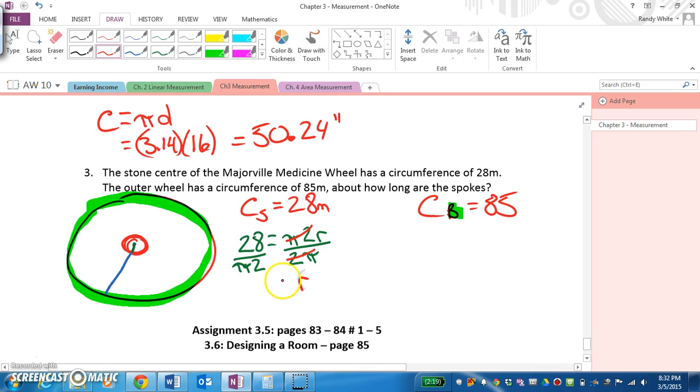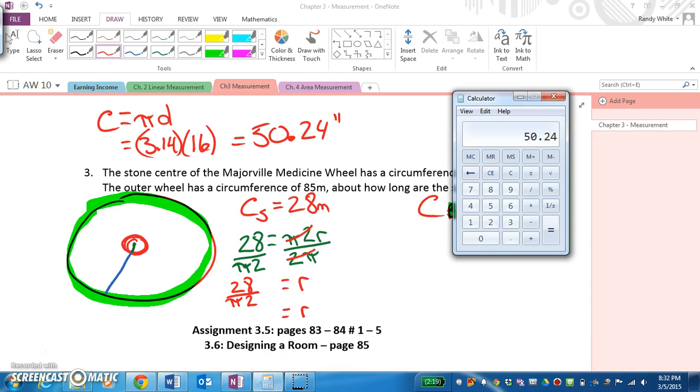So I'm left with my radius, and 28 over pi times 2 will tell me what the radius of the small circle is. So let's do that. 3.14 times 2 is 6.28.